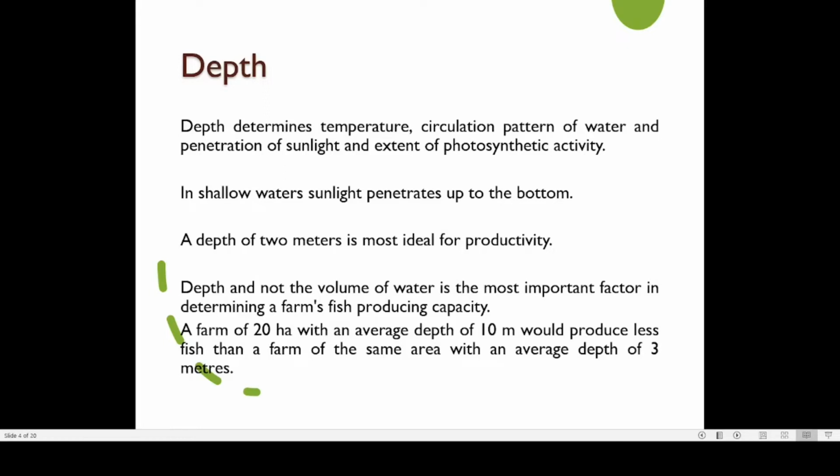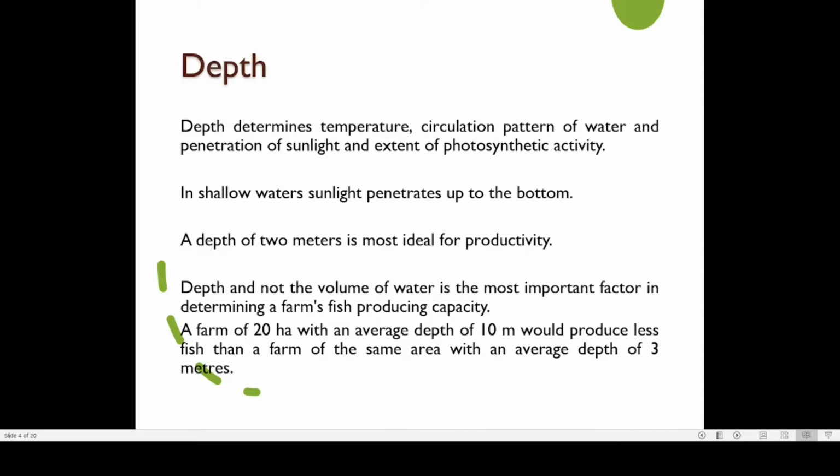And the third is the penetration of sunlight. For example, if the water is 1 foot or 2 feet deep, the sunlight can easily reach the bottom. Even at 1 meter or 2 meters, sunlight can easily reach the bottom of that tank or pond.